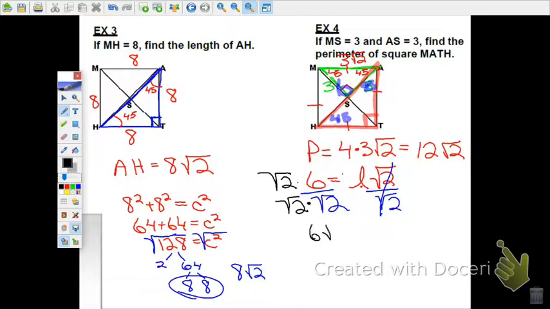And we get 6 square root of 2 over 2. We reduce that, 6 divided by 2 is 3. So again, we find a side length is 3 square root of 2, just like we did using that green triangle. So there are different ways you can get to that answer using different properties of those special parallelograms: the rectangle, the rhombus, and the square.